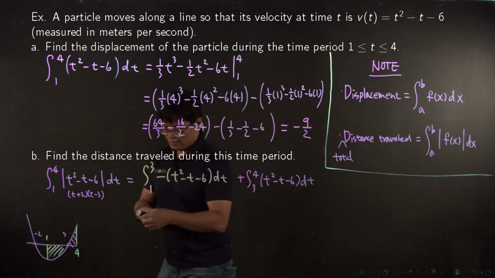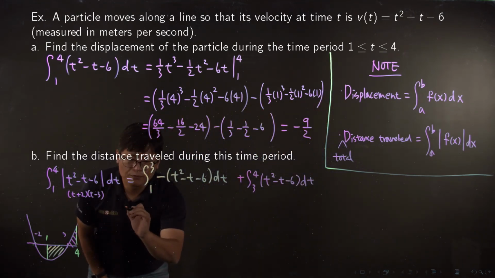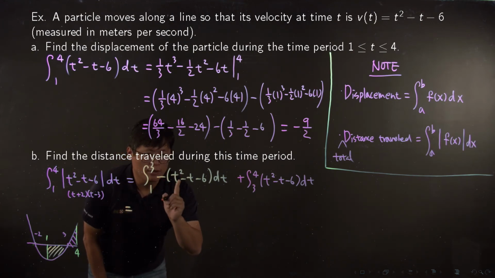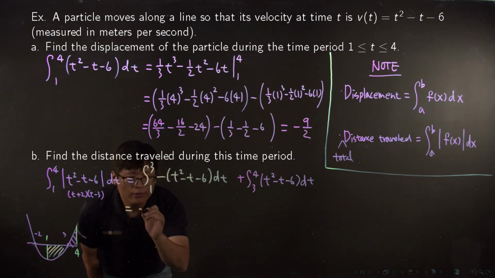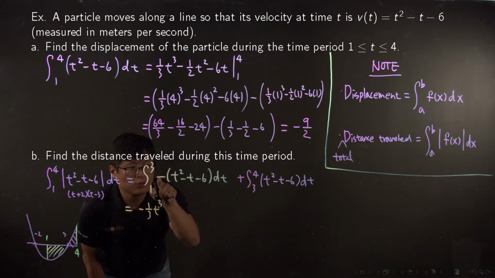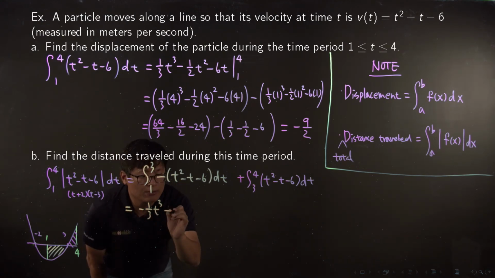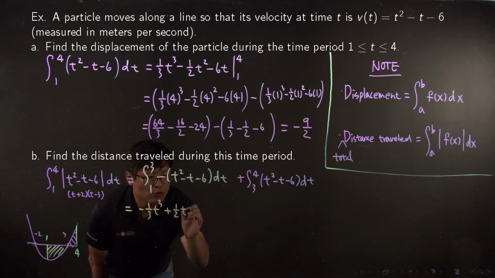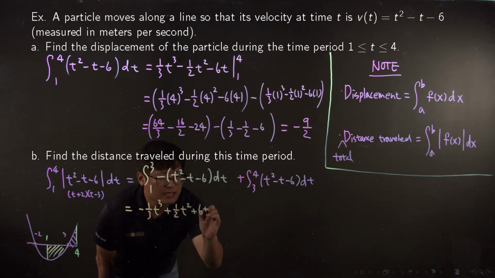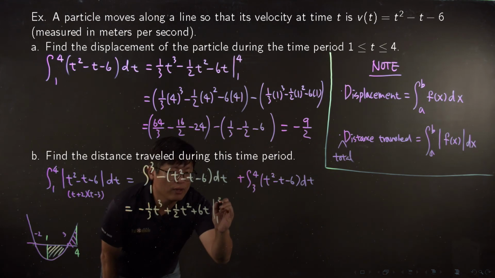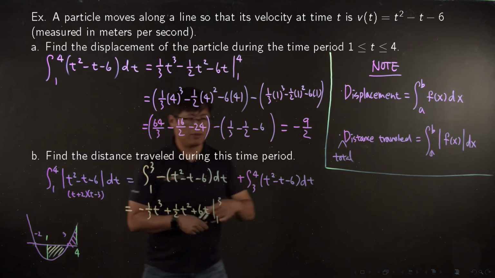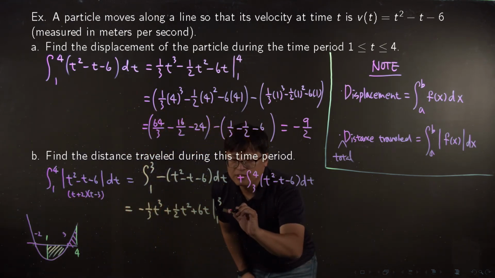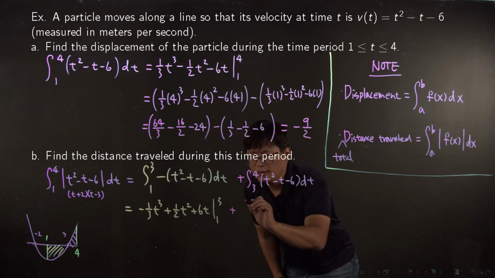So let's do it. It is equal to, by the fundamental theorem of calculus part 2, negative 1/3 t cubed, I just distributed the negative into there, okay? Now it is positive 1/2 t squared and plus 6t, and we're going to plug in 1 and 3, okay? And the second part, plus, it is similar, but different, right?